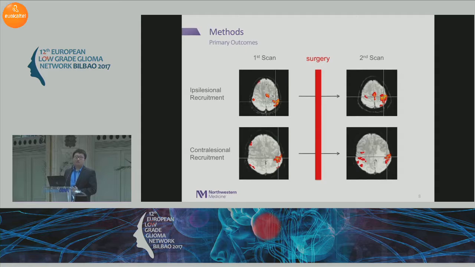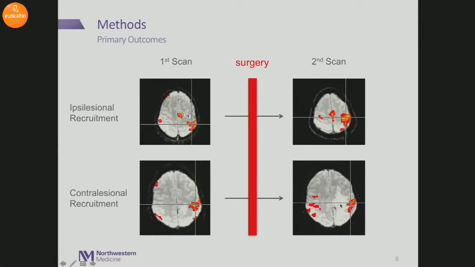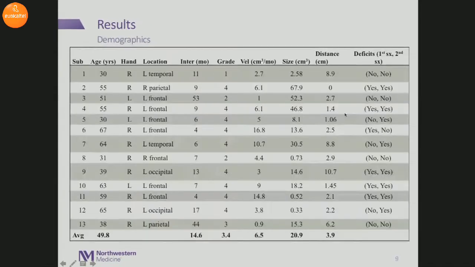The primary outcomes that we were looking at was ipsi-lesional recruitment, so recruitment around the lesion, and then contra-lesional recruitment. And we did that using a voxel-based ROI analysis. And we compared the amount of activity from the first scan to the second scan.